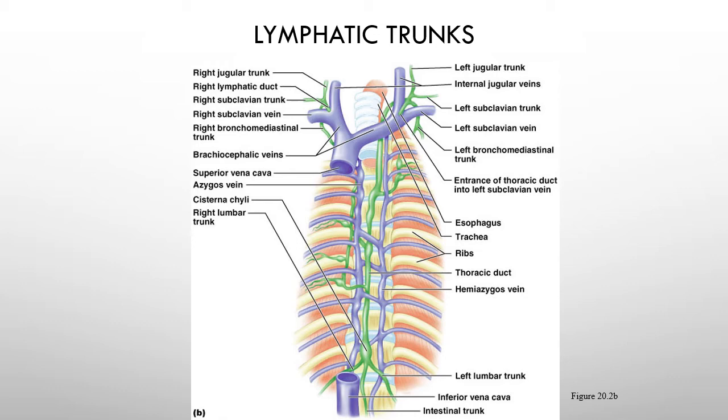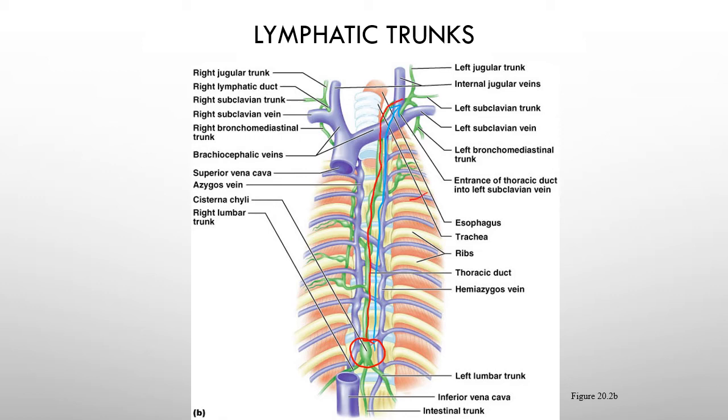So here we have the big, long thoracic duct as it makes its way up. It begins by the combination of our lumbar trunks coming into the cisterna chyli here, as well as the intestinal trunk. That blends together and gives us our thoracic duct.